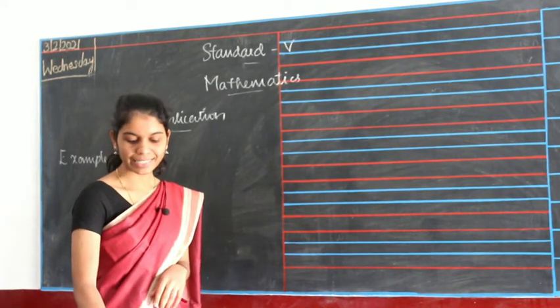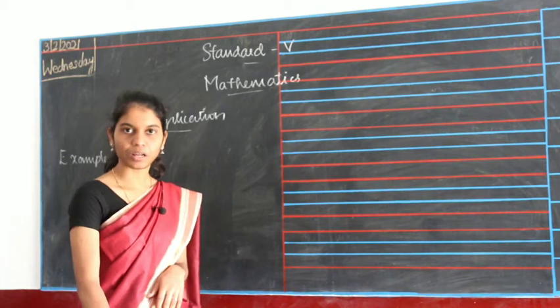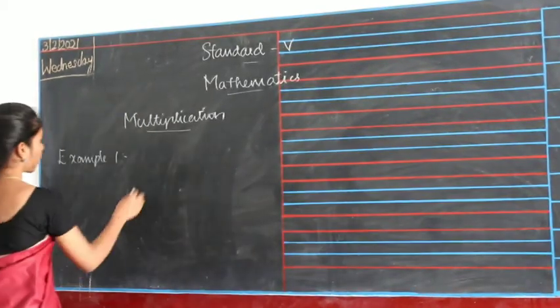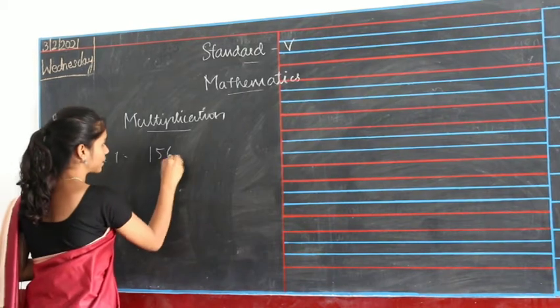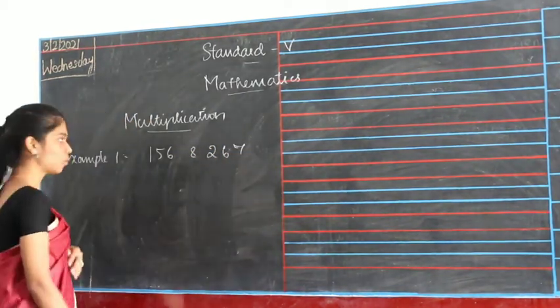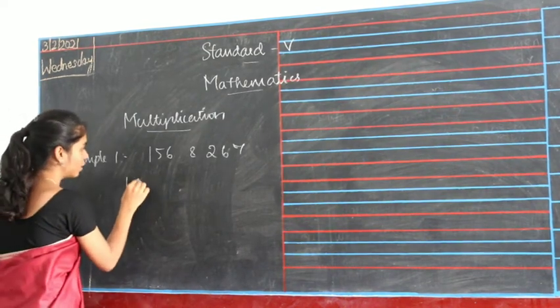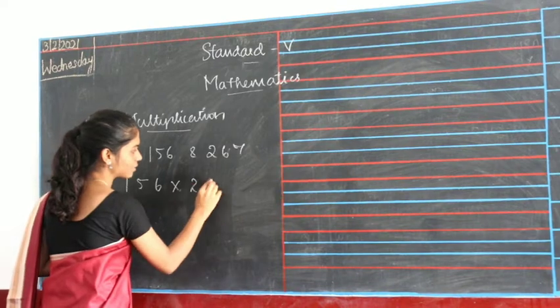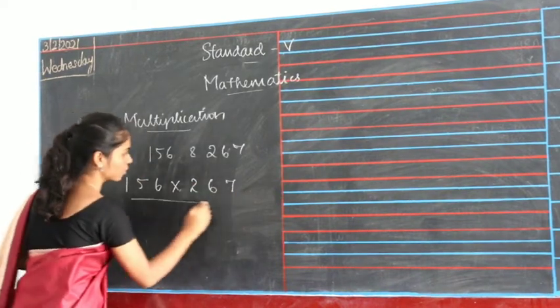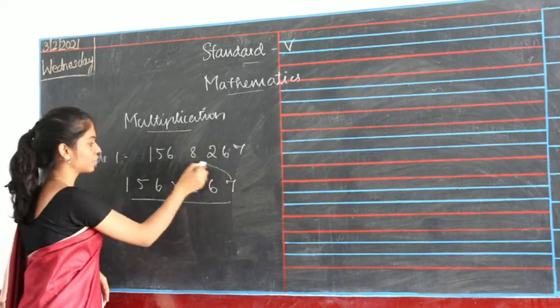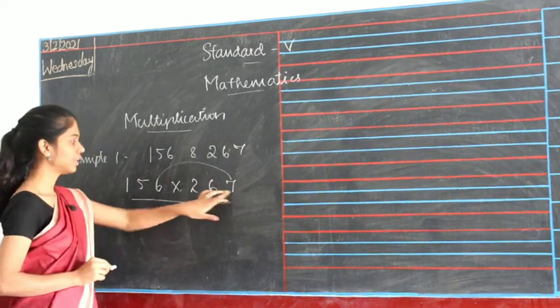Okay, so example 1. Find the product of 156 and 267. Now what you will do is multiply 156 with 267. You have to first multiply the unit place with the unit place. 7 into 6.